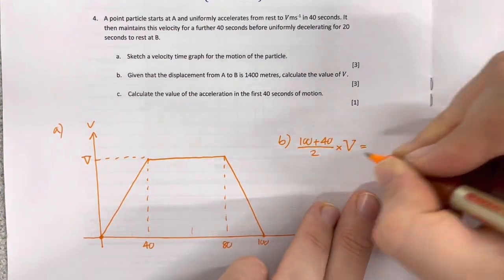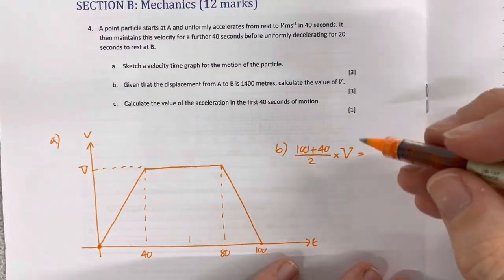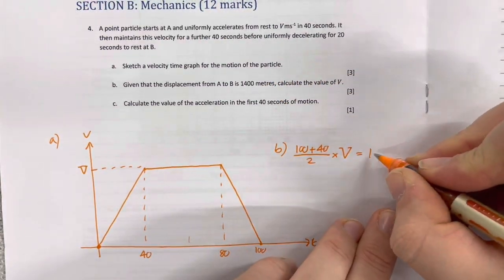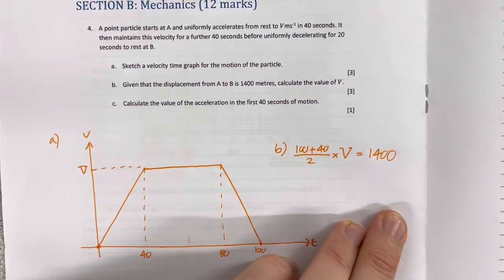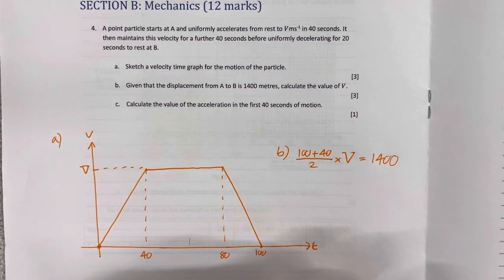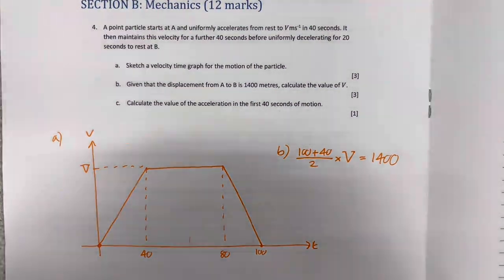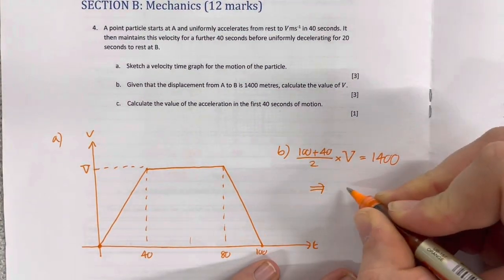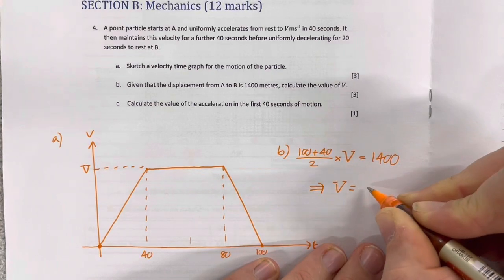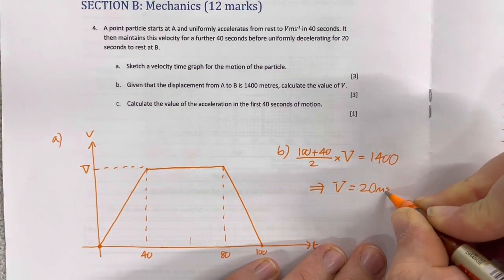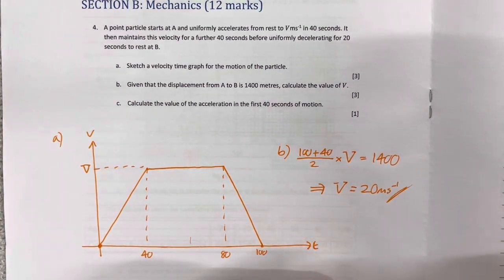That is the area under the graph, and we know that's 1,400 because we're told that the displacement is 1,400 meters, and everything's in meters and seconds, so I don't need to do any changing of units. This is a nice linear equation in v, which tells me that v is 20 meters per second. That's the answer to that.